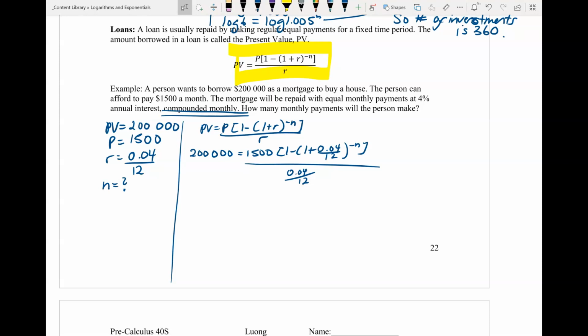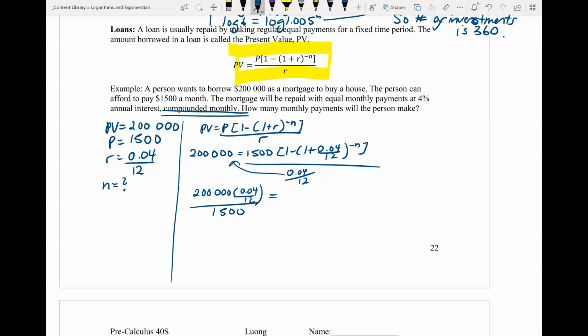I just have 0.04 over 12 just to keep it more accurate for the decimal places, because it does affect our final answer in the end. So as I'm going to rearrange, I'm going to multiply both sides by 0.04 divided by 12, and then I'm going to divide both sides by 1500.